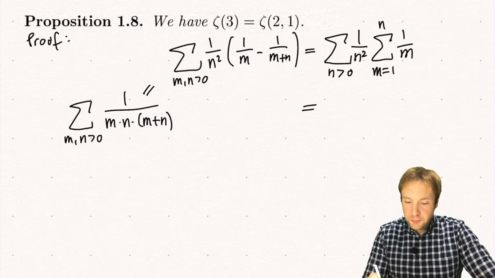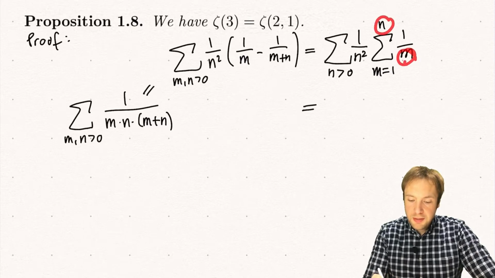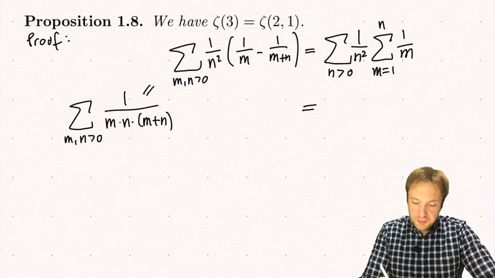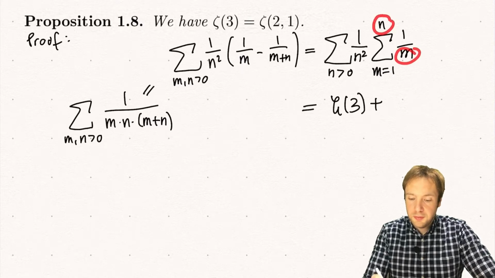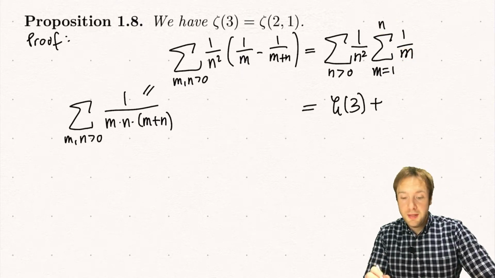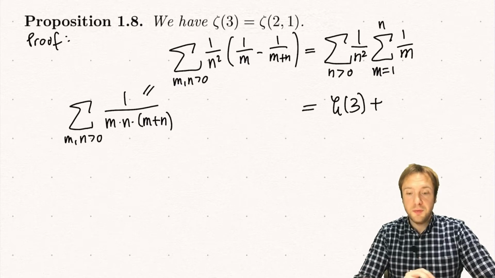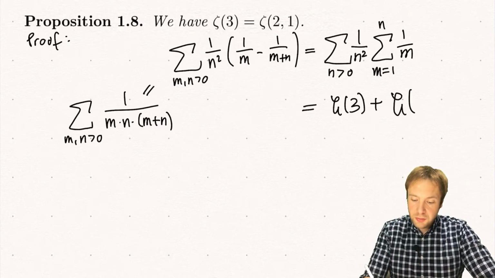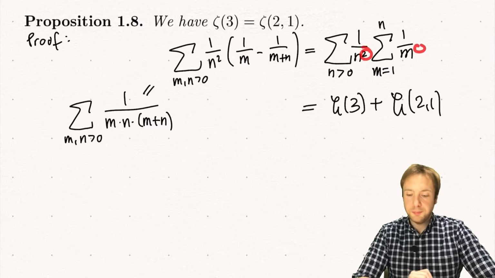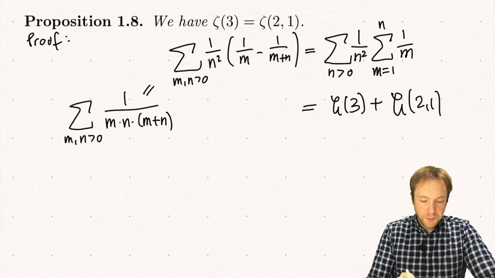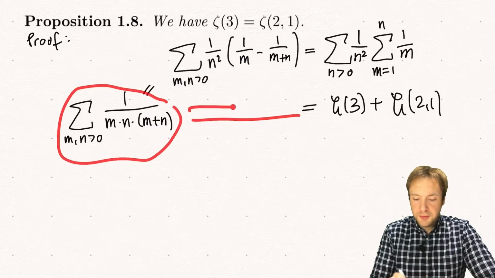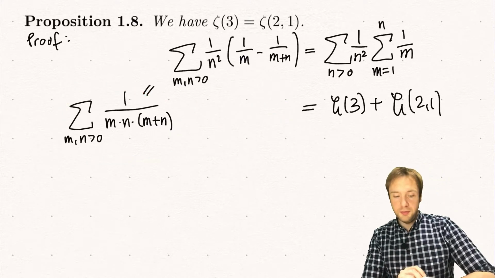So in this case, when m equals n, then we just have n cubed here. So this is just zeta of 3 plus, and then there's a case where this m is strictly smaller than n, and then this is just the definition of the double zeta value, zeta 1. So here's a 2 and there's a 1. So the first evaluation of this sum is that this equals zeta 3 plus zeta 1.